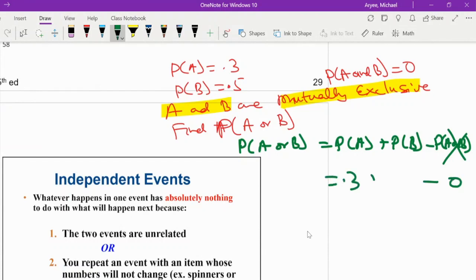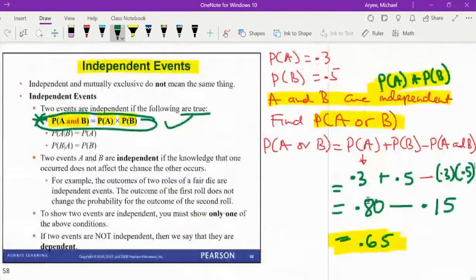So this is 0.3 plus 0.5, and that's 0.8, and that's it. So take note, with the same kind of problems, in one they'll say mutually exclusive, in the other they would say that they are independent. Those are the two types that usually will come in a test. I want you to remember these beautiful formulas.